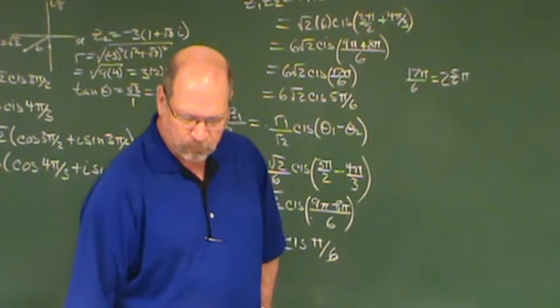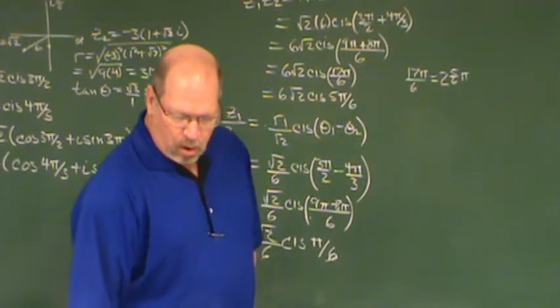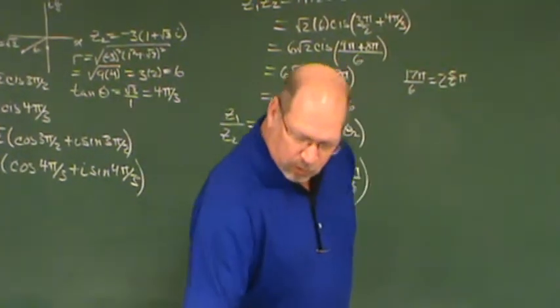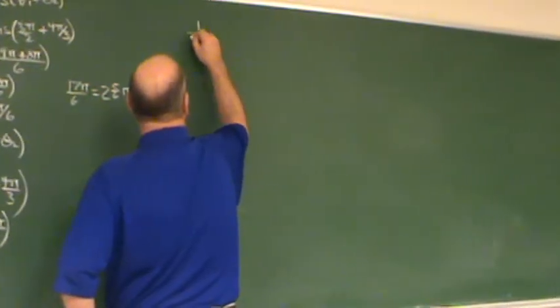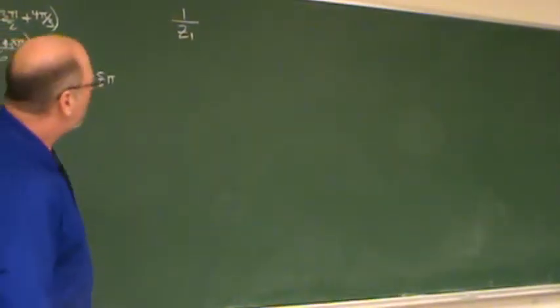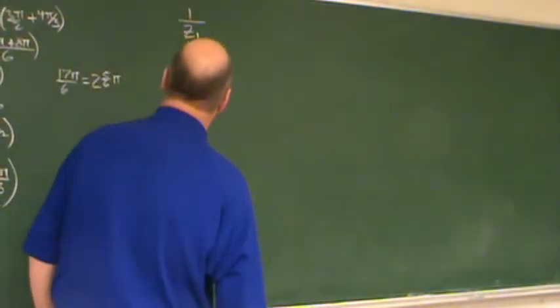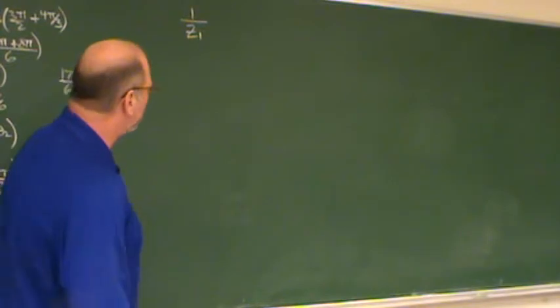All right, and then one more problem in here. I'm double checking my answers to make sure I got right. The other thing I want to talk about is 1 over Z1 or 1 over Z2. We may do both of them. Now, 1 over Z1, well, the way I do this is I find the polar representation of 1.